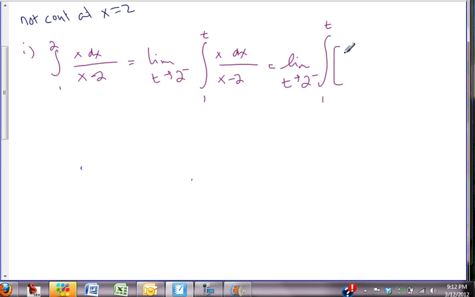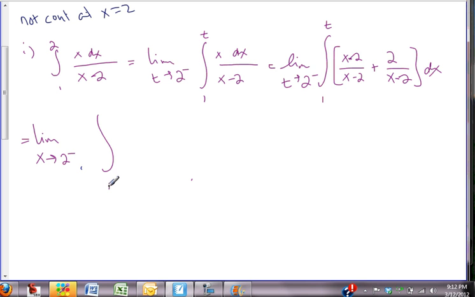So I can break it up into x minus 2 over x minus 2 plus 2 over x minus 2 dx. And that could be the limit as x goes to 2 from the negative side of the integral from 1 to t.